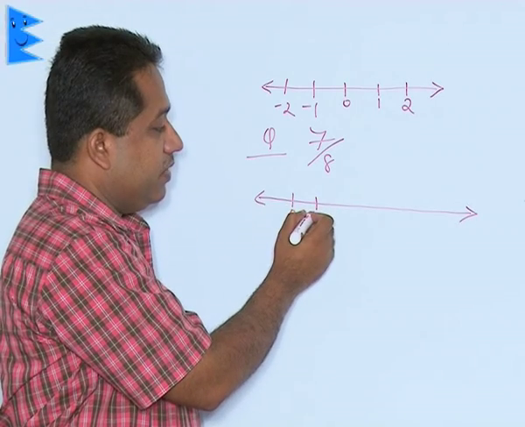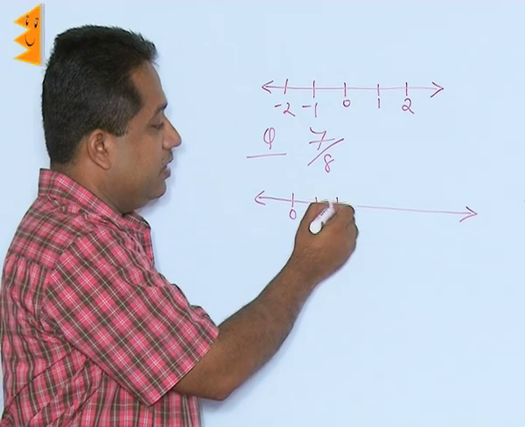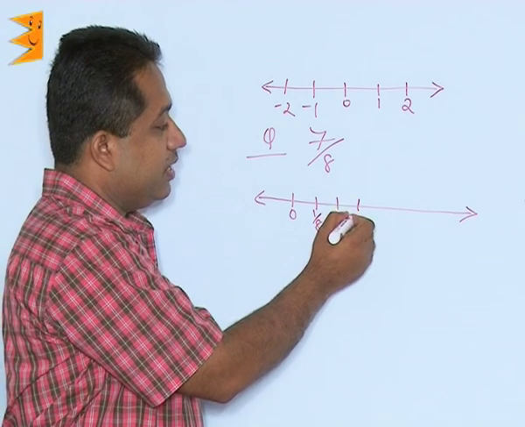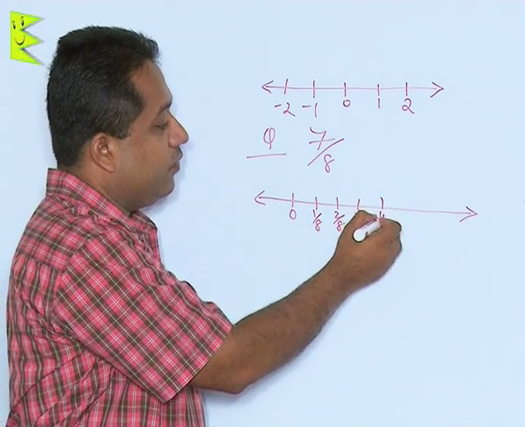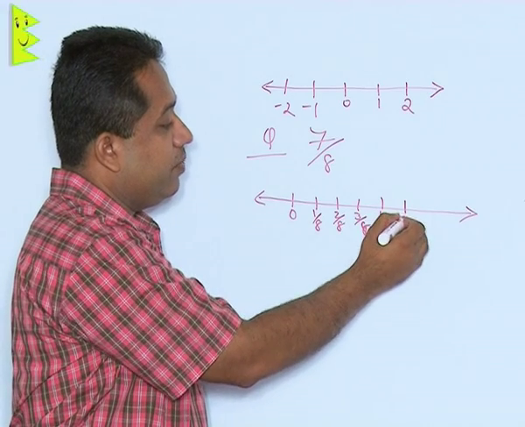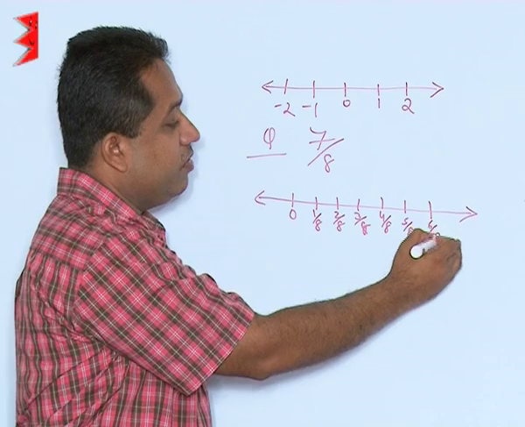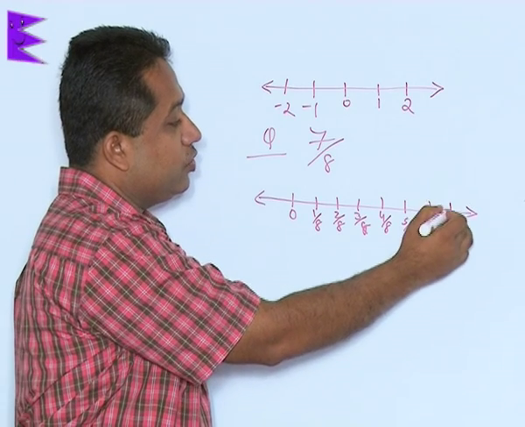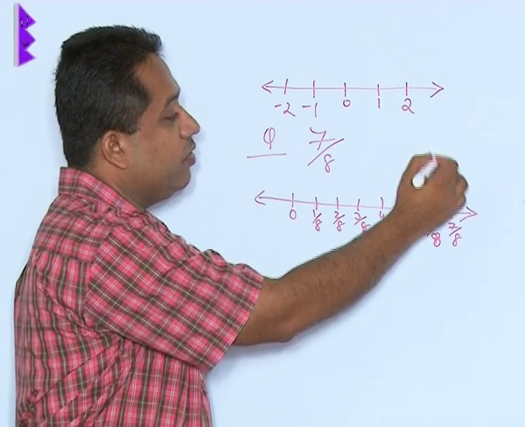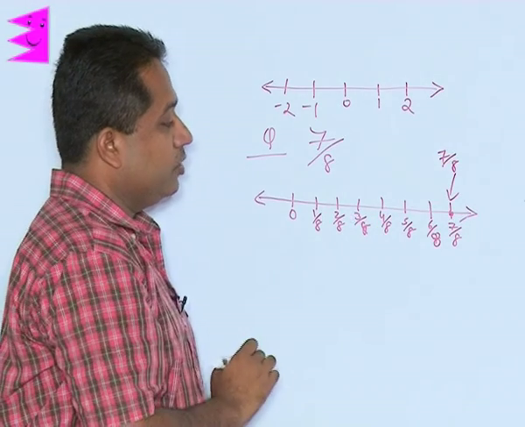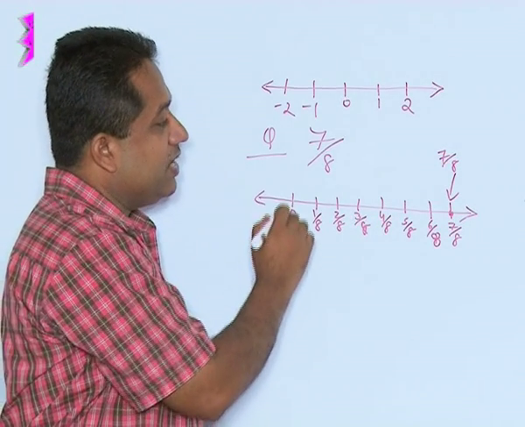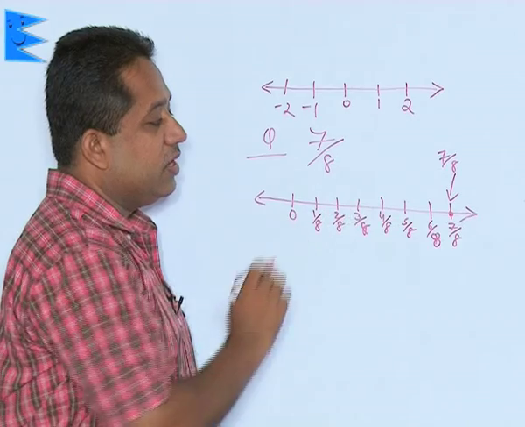The first part we will write 1 by 8, the next part will be 2 by 8, next part 3 by 8, then 4 upon 8, then 5 upon 8, then 6 upon 8, and finally, we are going to get 7 upon 8. So, this particular point is going to be 7 upon 8. So, like this, we can represent any rational number on the number line.